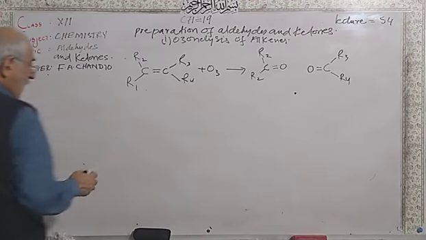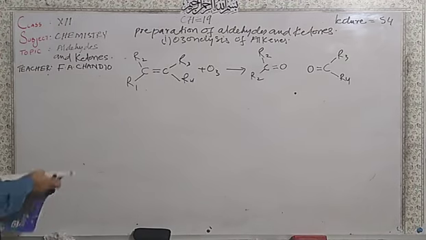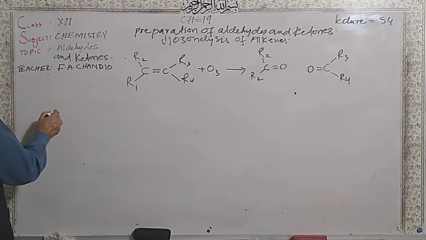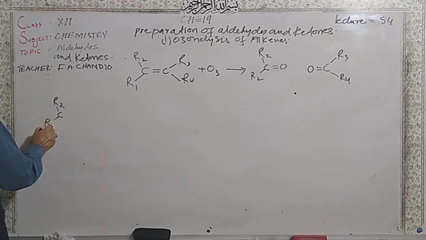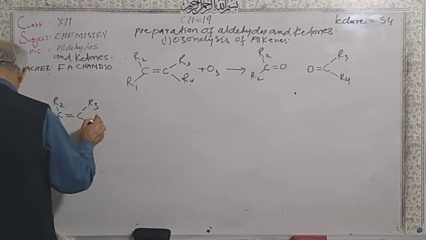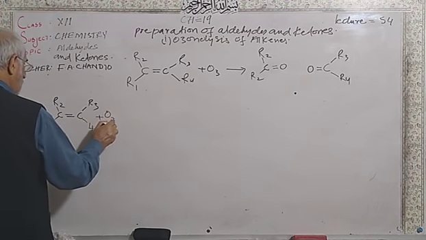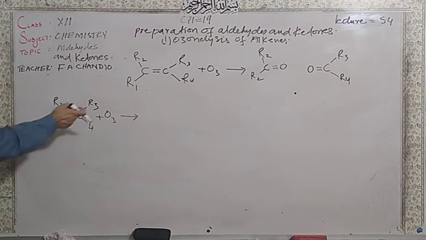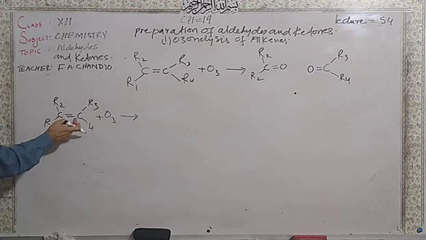Now how do we write the mechanism for this chemical reaction? So the mechanism is: alkyl group 2, alkyl group 1, alkyl group number 3 and alkyl group number 4, and there is ozonolysis. So dear students, in this ozonolysis there are 3 oxygen atoms.